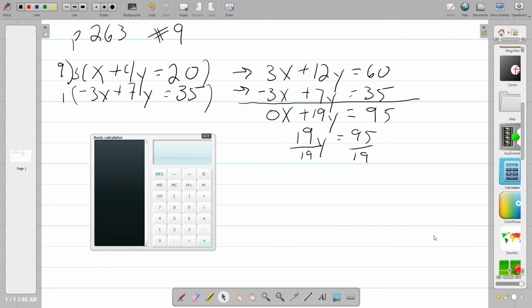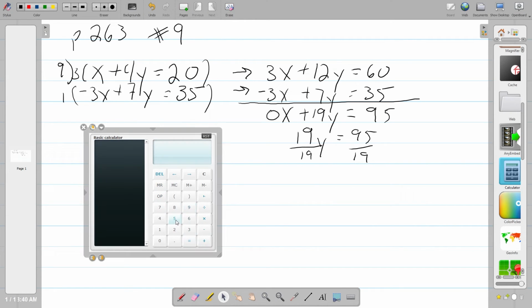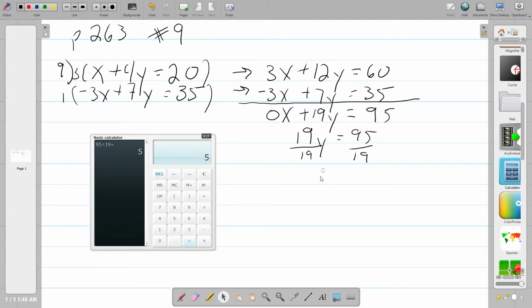All right, so 95 divided by 19 equals 5. So y equals 5. I could have done that in my head, but it would have been more painful. That's what calculators are for.